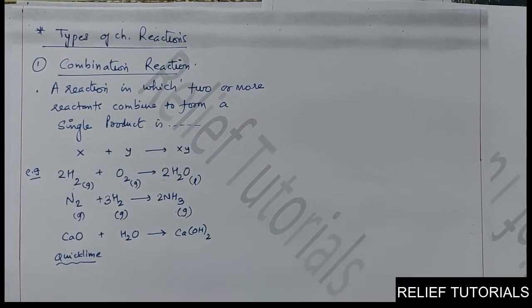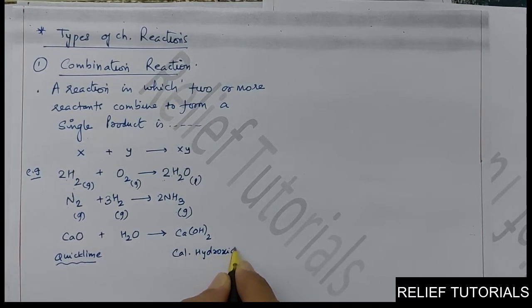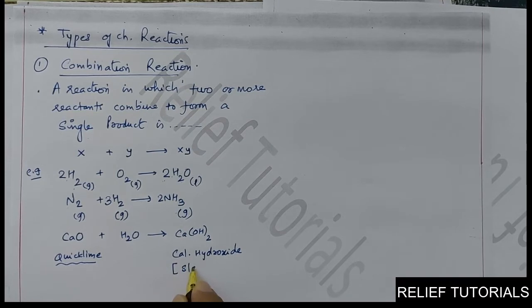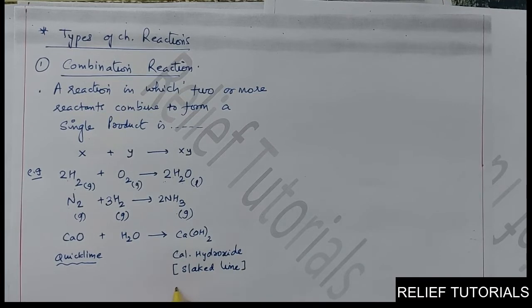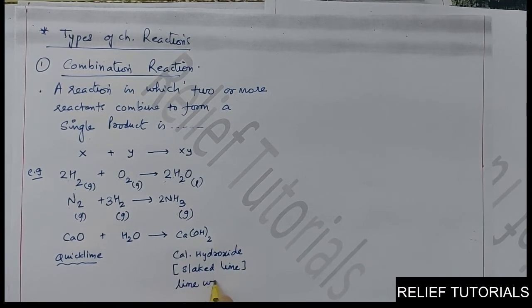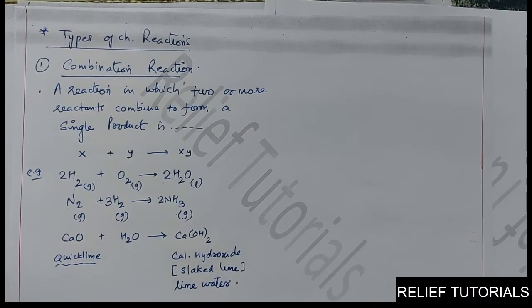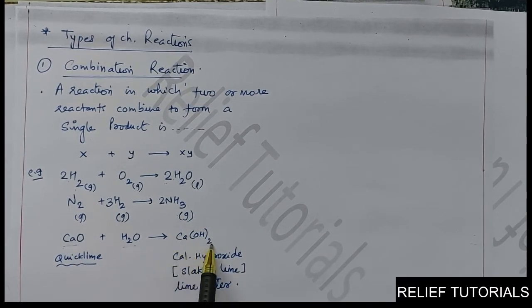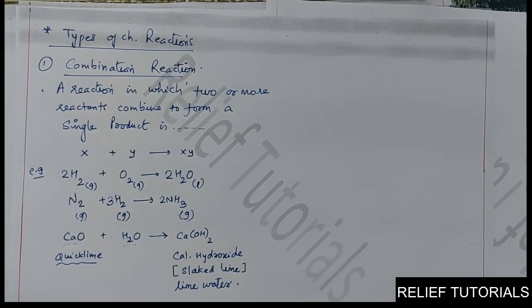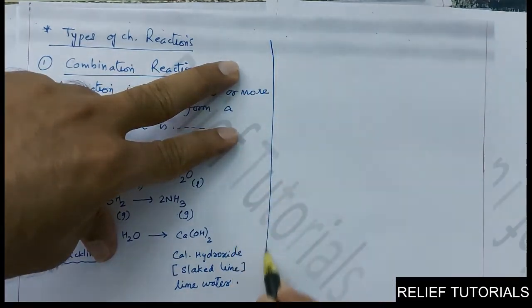Ca(OH)2, the chemical formula for that. Calcium hydroxide. And the common name for this is slaked lime, or it is also called lime water, whatever you say. If you see, one reactant combined with another reactant, they form a single product. So this is an example of combination reaction. Many such examples we can study further.